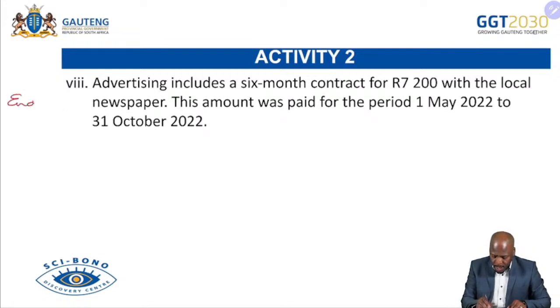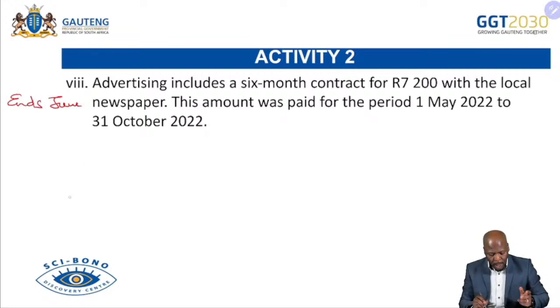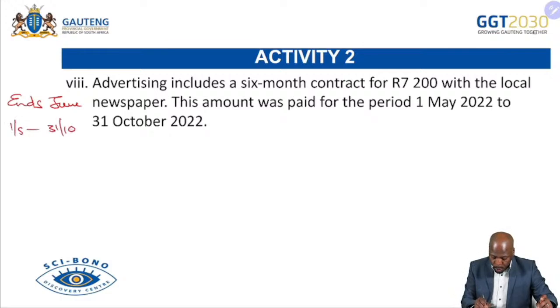So you are now going to say the advertising includes a 6-month contract for 7,200, and this amount was paid for the period 1 May 2022 to 31 October. If you count from 1 May to 31 October, how many months is this? This is going to be 6 months. Are you still with me?